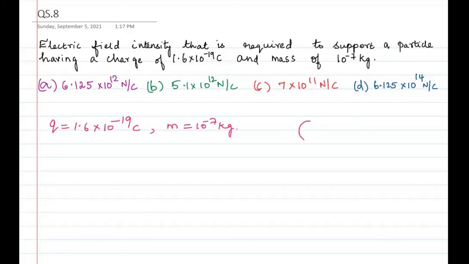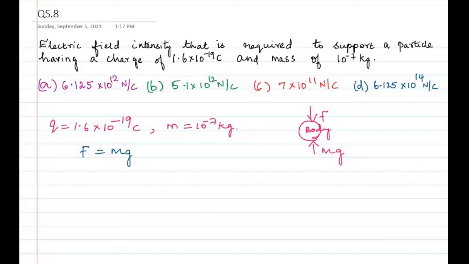You have the electric force acting on the body as well as the gravitational force acting on it, which is equal to mg, the downward force due to gravity. So you have to equate F is equal to mg.